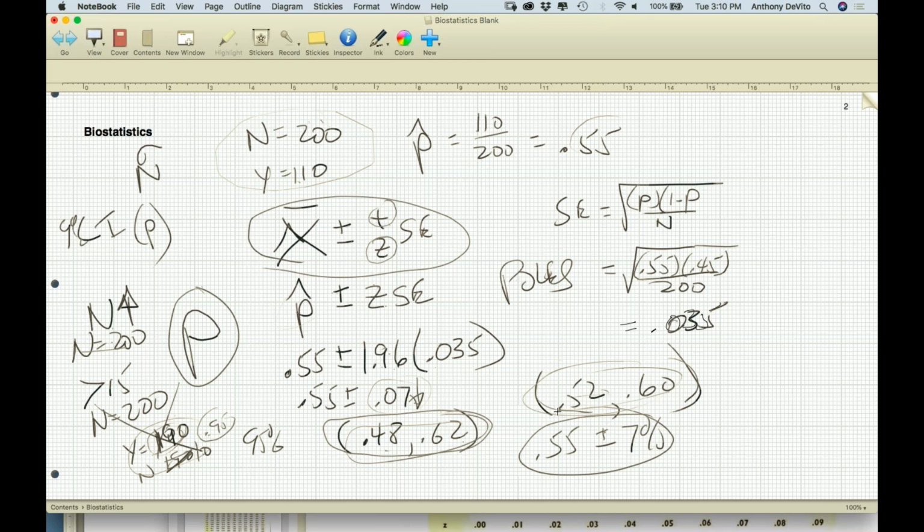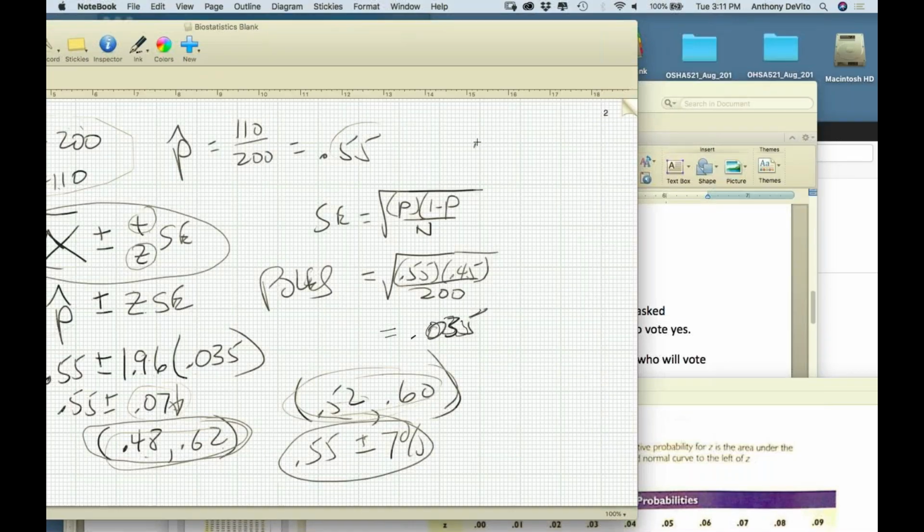Okay? So next time you see a poll and it says the proportion of people that are voting for this guy is, this guy's got 30% of the vote, plus or minus 3%, and they give you the sample size, you need to know the sample size, right?